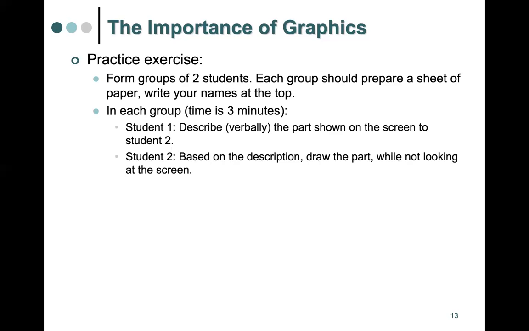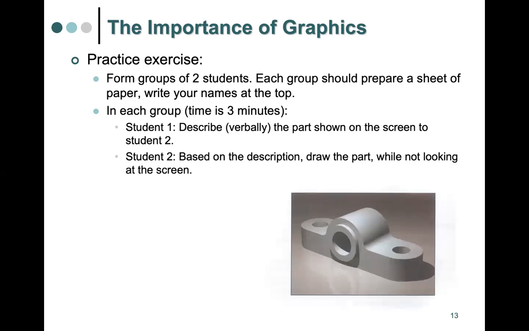In each group, student number one sees the drawing. They will describe it verbally to their friend, and based on the description, the second student will draw the part while not looking at the screen. But anyway, because you are now looking at the screen, I can't use this quiz technique. That's fine. Okay, so for example, this one.